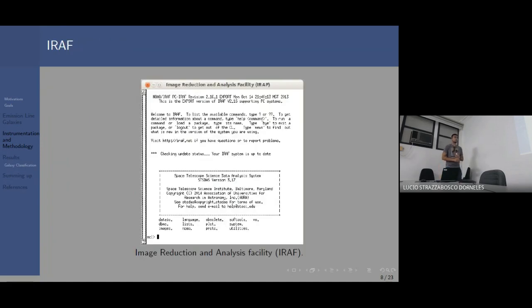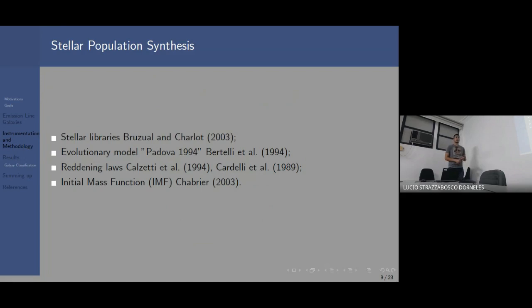And to reduce and explore this data, we use the software IRAF, a collection of many packages that can help to reduce and analyze astronomical data. To make the spectral synthesis, a composite spectrum of the stars that lie in the galaxy, we use the STARLIGHT code that was developed by the Universidade Federal de Santa Catarina.